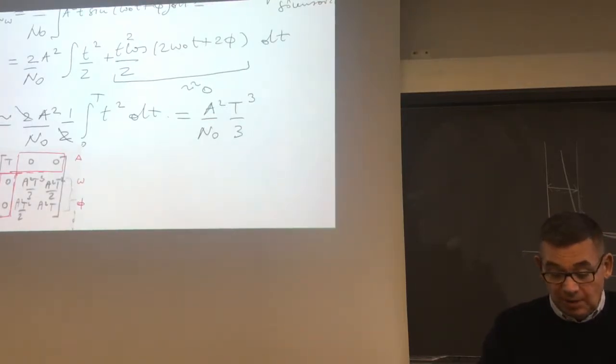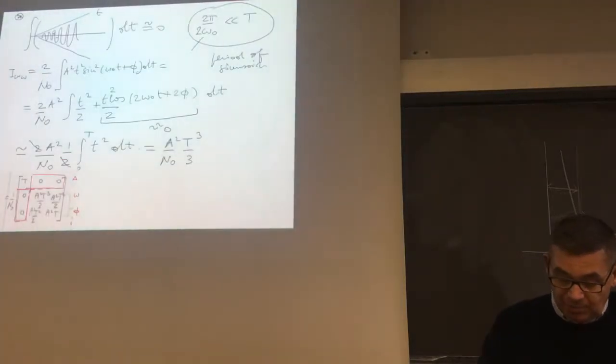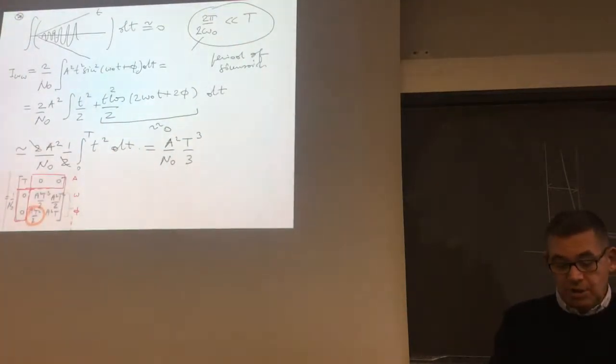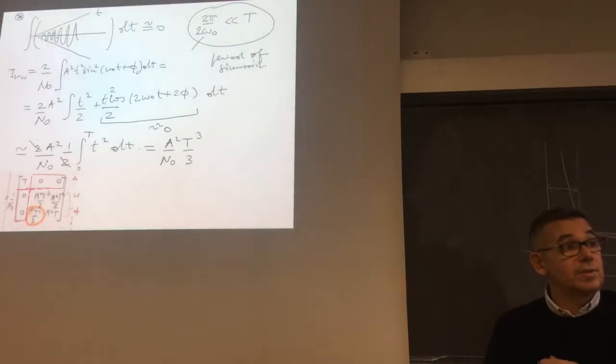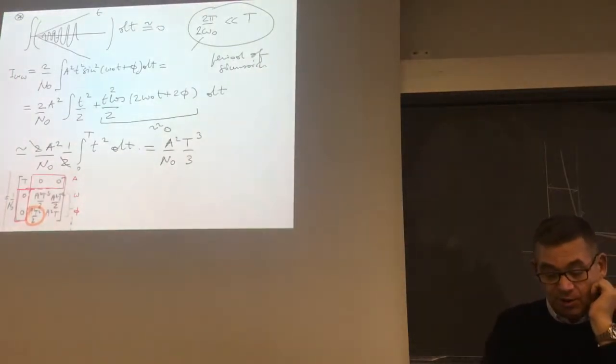Going back, I can decouple the cross terms, and the cross terms are here, which is I omega phi. If I manage to have I omega phi be 0, then these are decoupled. So let's see if I can do it.